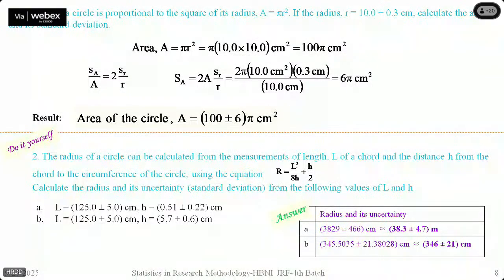The second part also, all of you can give a try, in a similar way. You have to propagate it. It is not adding, it is propagation.